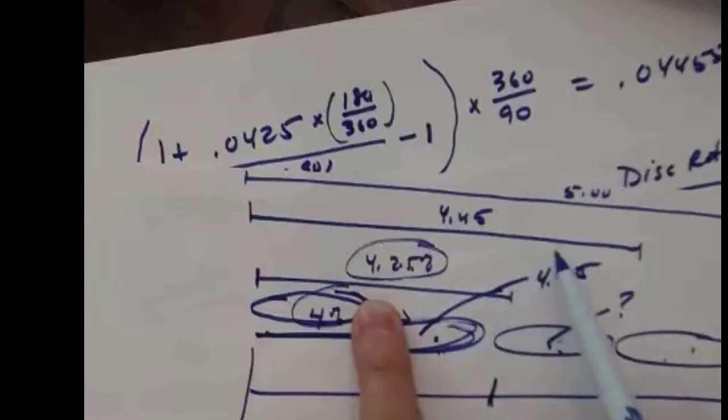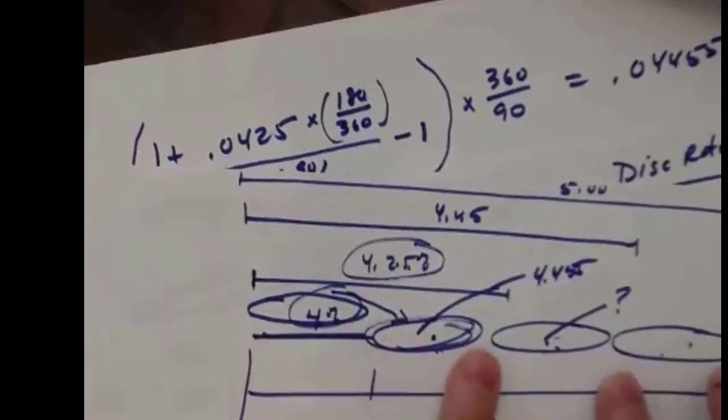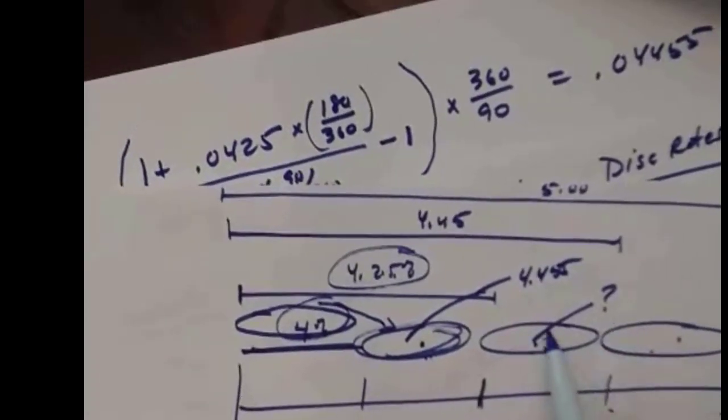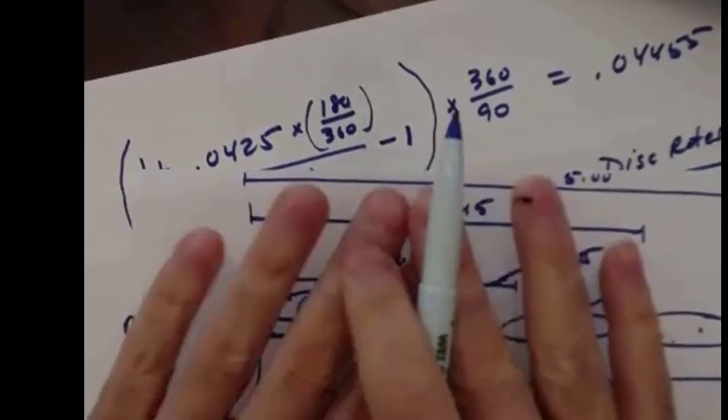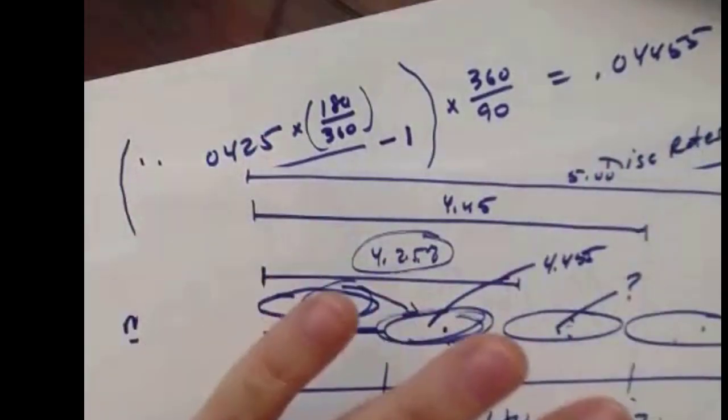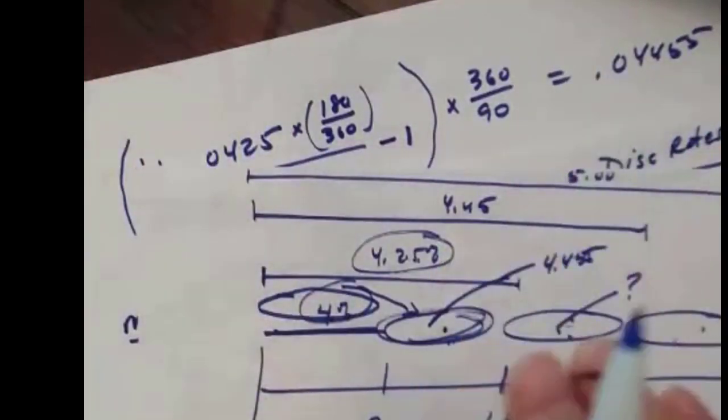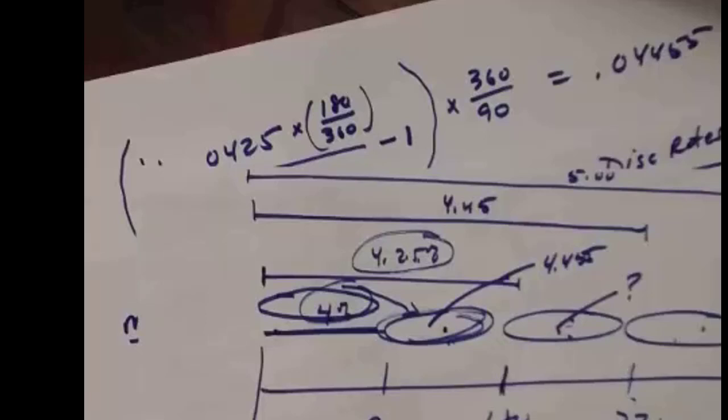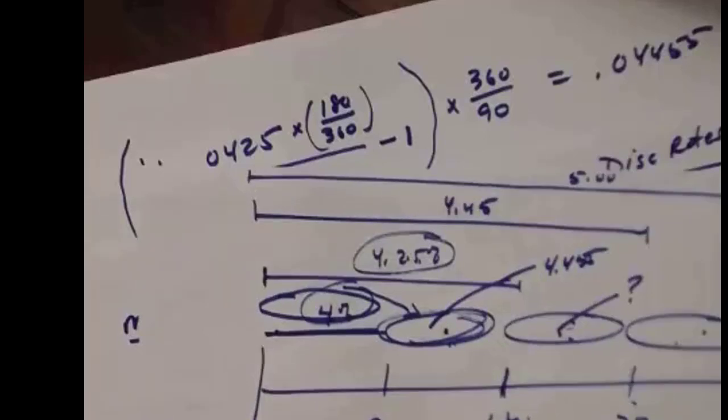The difference between 270 and 180 is the 90 days that we're worried about. Then we have to annualize it, because term structure is almost always written on an annual basis. But we have to deal with the fact that these things pay quarterly.